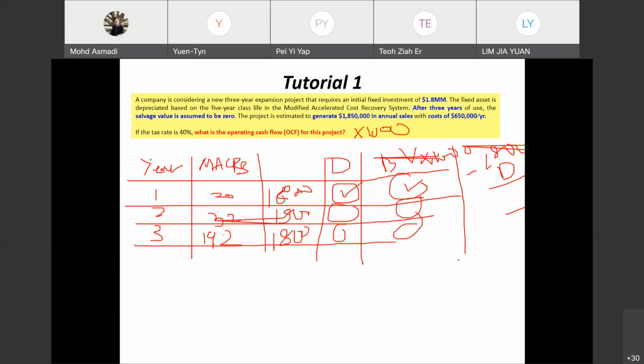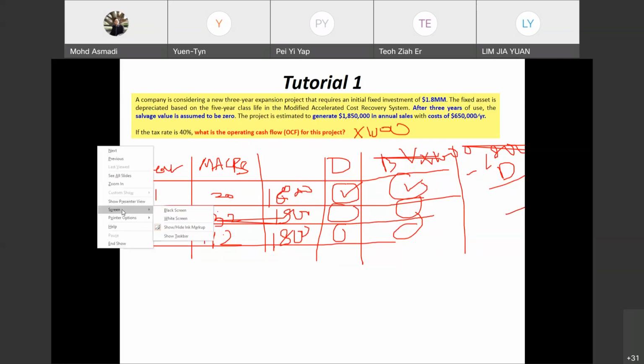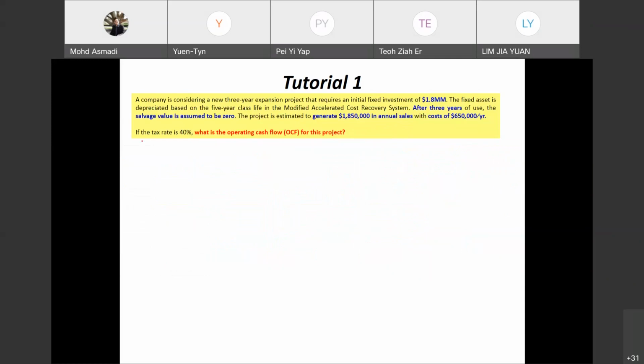Okay, done. So I just give a flow. Next, what you have to do is I have to erase this one first. Okay. And that's what you have to do similarly. Look at here.